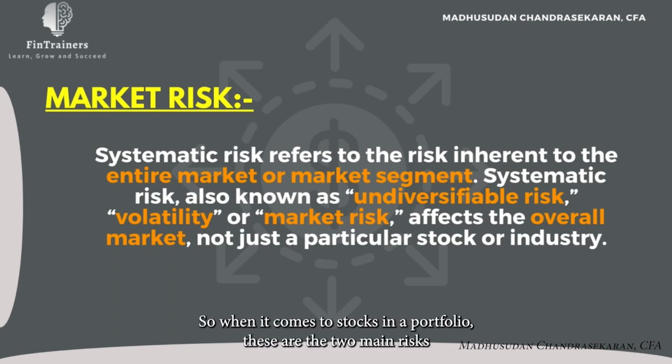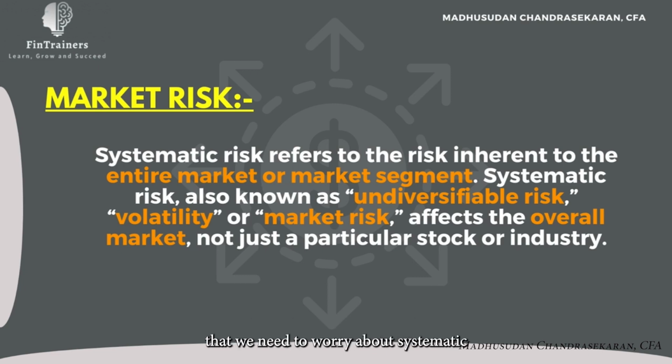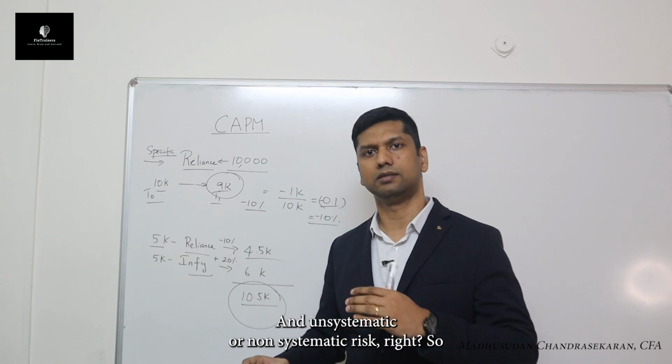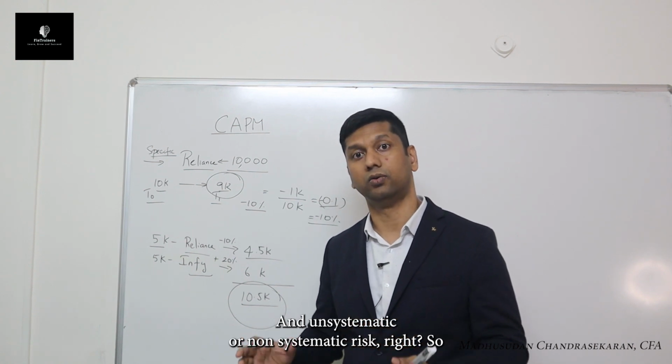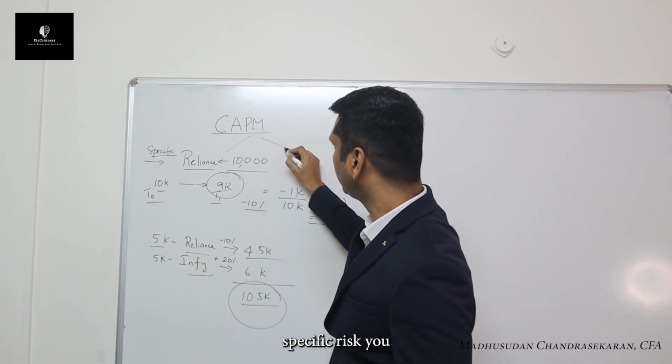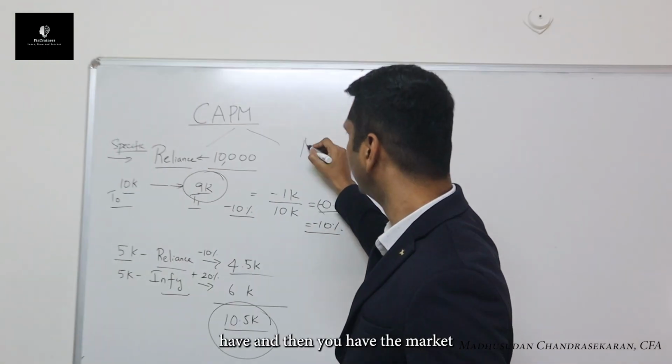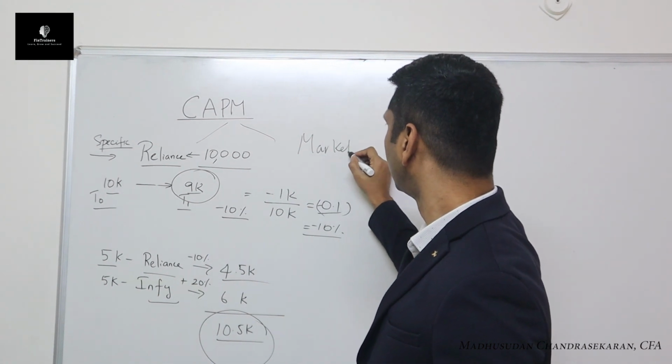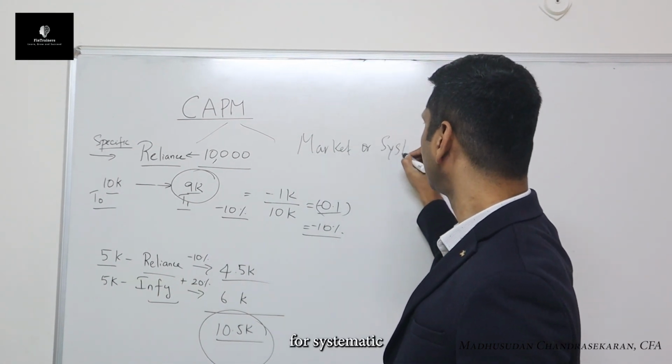When it comes to stocks in a portfolio, these are the two main risks that we need to worry about: systematic and unsystematic or non-systematic risk. So you have the specific risk, and then you have the market or systematic risk.